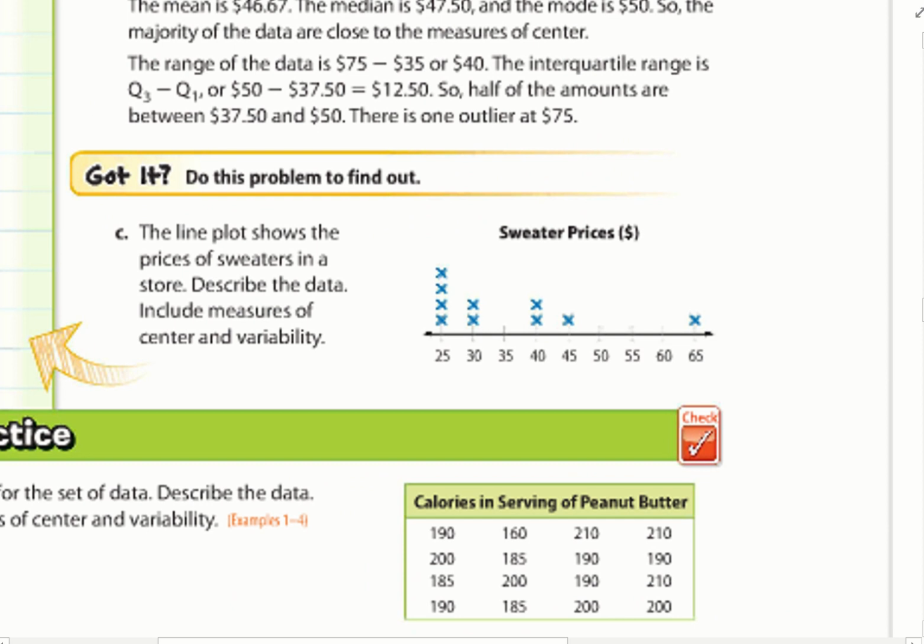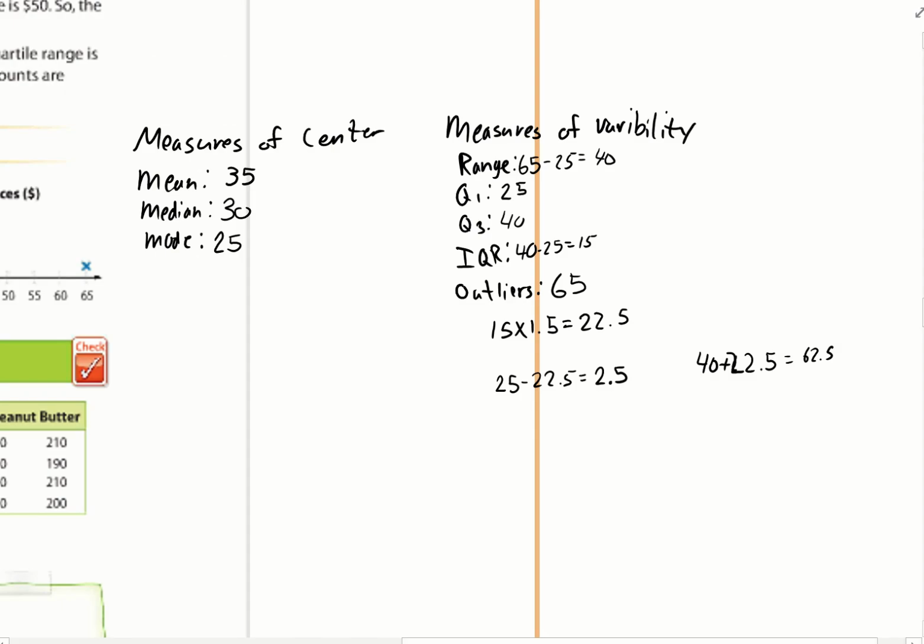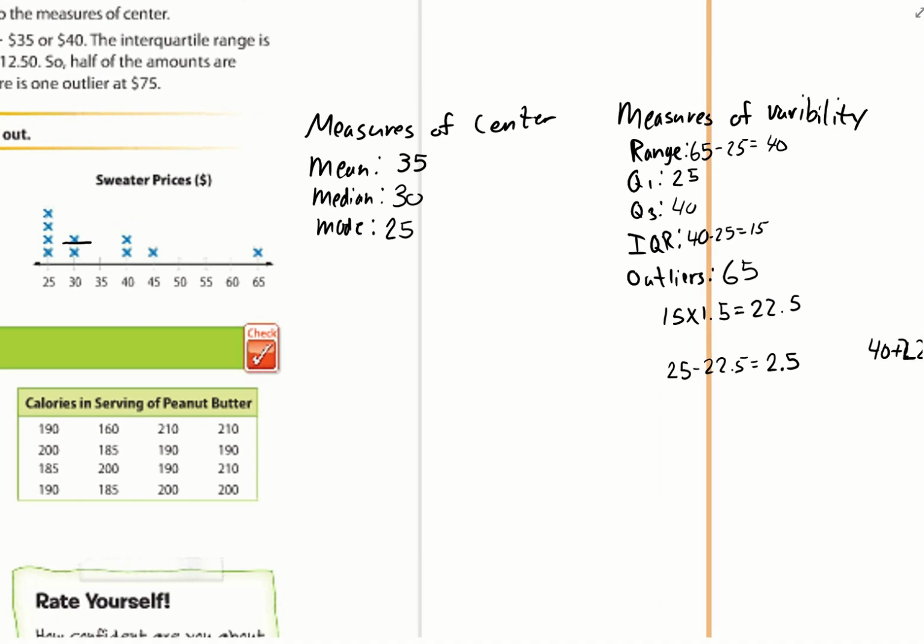So go ahead and try C. You need to find the measures of center and variability. I just found all the measures of center. That's mean, median, and mode. Mean is 35, median is 30, mode is 25. Measures of variability: range is 40.